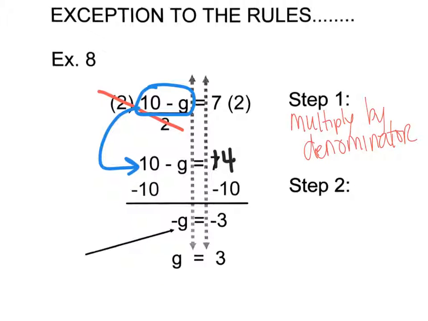Now, does this look like something that we have solved before? How do I get G by itself? You've got to bring it down. Go ahead, Mara. Yeah, we're going to subtract the constant.